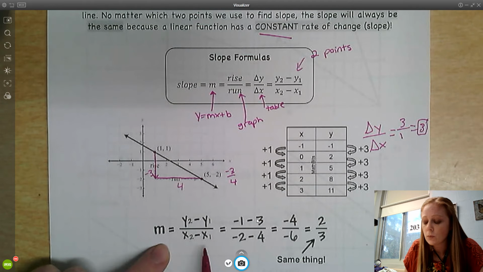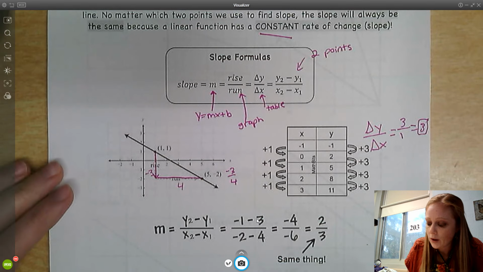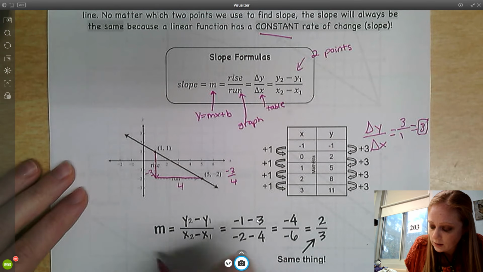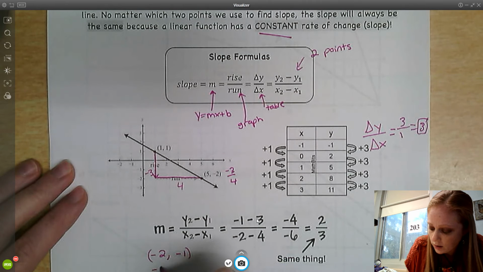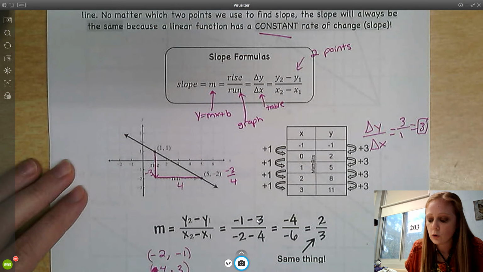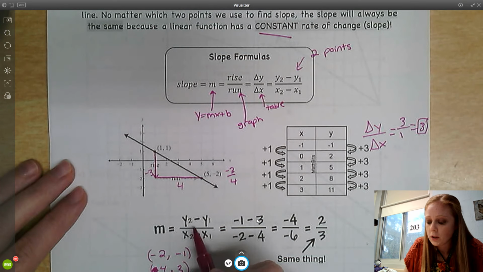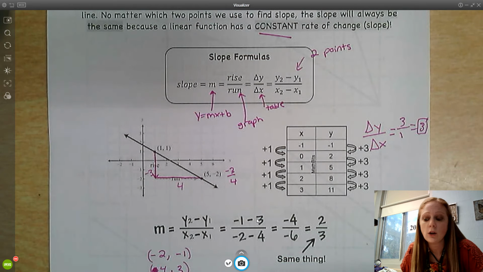And then we had the slope for 2 points. So if you had 2 points, let's see, I'll just add the points here, would be negative 2 comma negative 1, and then positive 4 comma 3. Okay, so if those are our 2 points for the formula, you'd subtract the y's, change in y over change in x.